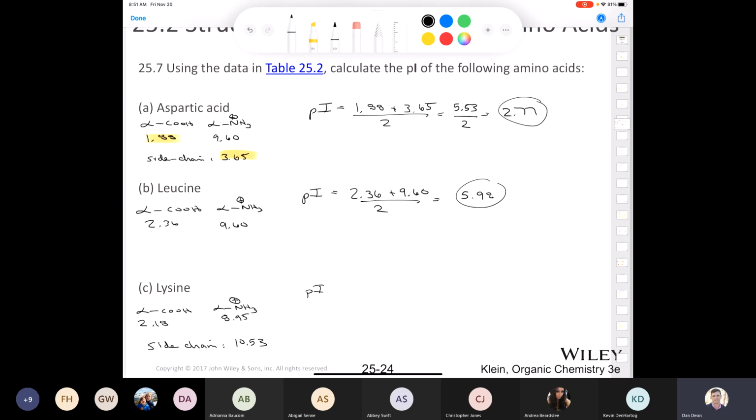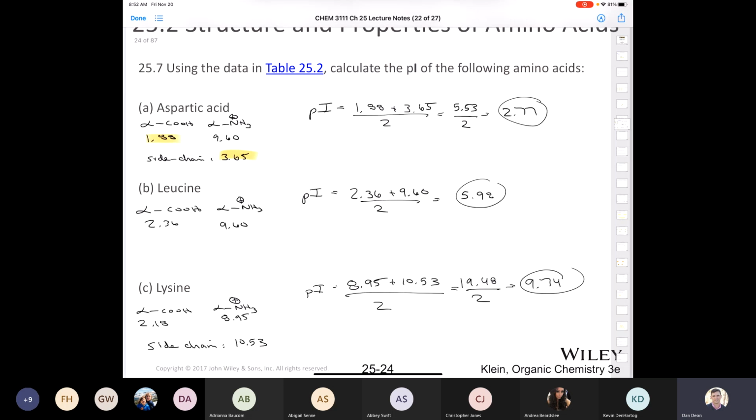And so its isoelectric point is going to be the average of these two pK values because it's basic. So we have 8.95 plus 10.53. I divide that in 2, and I end up with 19.48 divided by 2, which is 9.74. All right, there we have it. So calculating isoelectric point, not too bad.